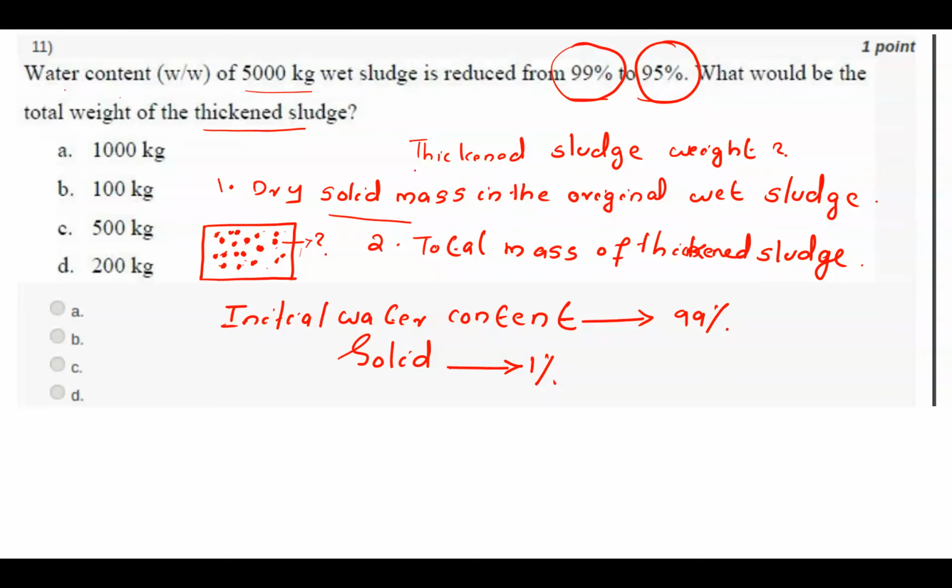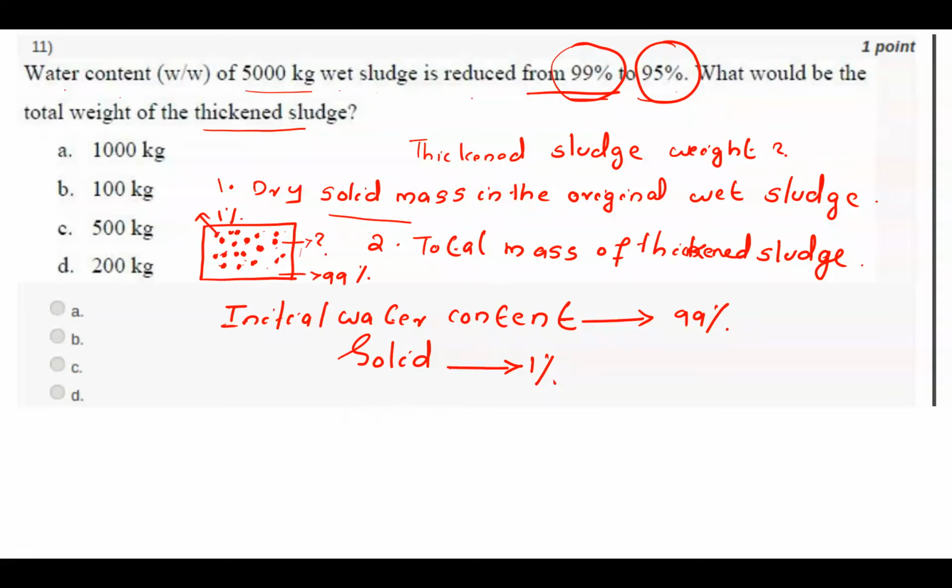So initially it was 99 percent wet. That means this empty portion is 99 percent, and these dots which I represent are only 1 percent of the total system.